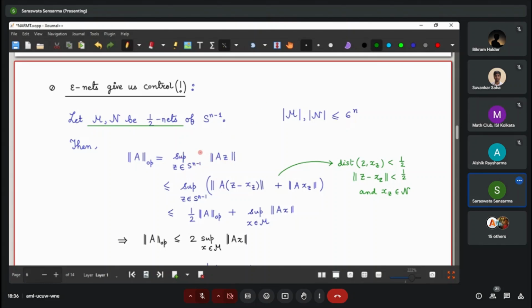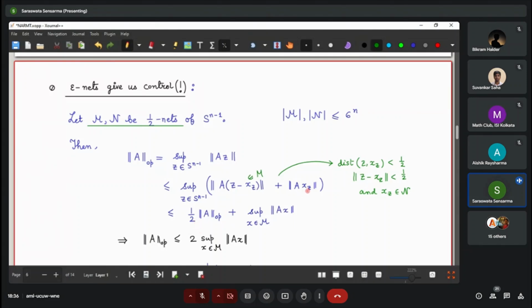Now, if you're looking at the supremum, we can split it up and use the triangle inequality. Because there exists such an x_0 in M such that the distance is indeed less than half, when we take this out of the supremum, this is less than half. So this is bounded by half of the operator norm.